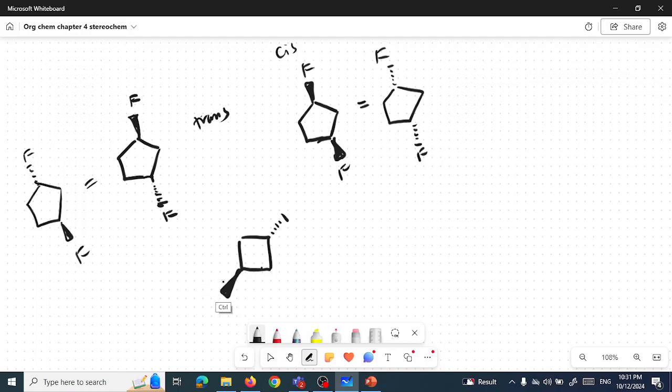You draw the extended bond just like a normal bond, which is already showing you this bond is pointing up, out of the screen, and the other line is pointing into the screen. This is iodide. So this will be two substituents on the opposite side of the ring, which is going to be trans. And then when you have both substituents on the same side, it doesn't matter up or down, as long as they're on the same side, then this is cis.